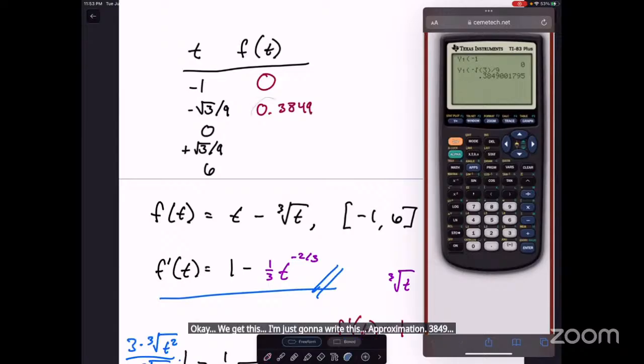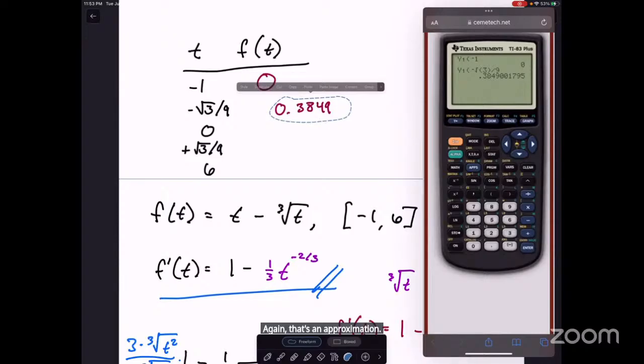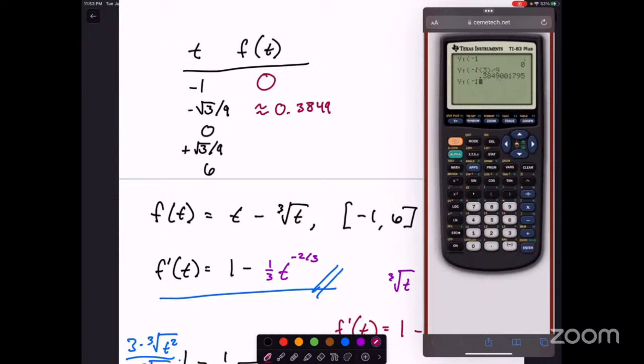Again, that's an approximation. Okay. And then when t is 0, we get 0.